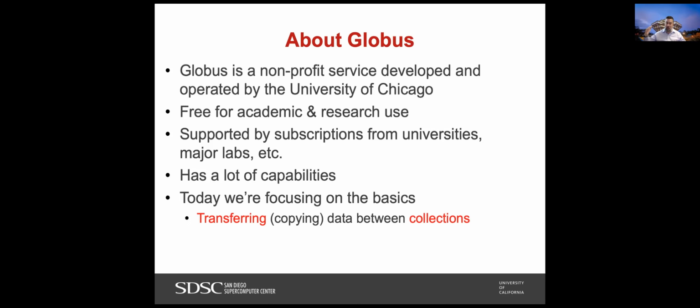There are a lot of different layers to go from different storage resources, but you will be looking at data in collections, and the primary thing you'll be doing is transferring it, which means doing a reliable copy from one collection to another. And you'll see an example of that when I give a demo. Oh, and there's a link, globus.org.